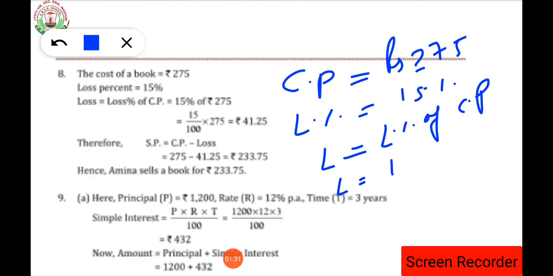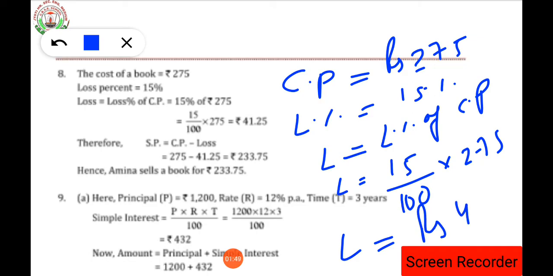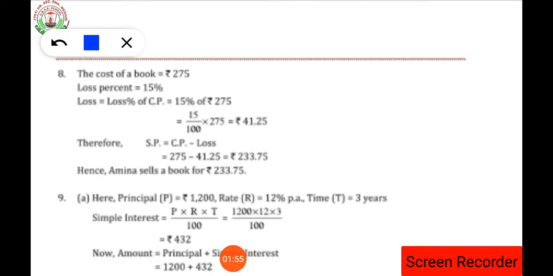Loss percent is 15%, that means 1 upon 100 multiplied with 15. We get it in the form of a fraction, 15 upon 100, of means into the CP value, 275 rupees. Solving this equation, what do we get? Rupees 41.25.